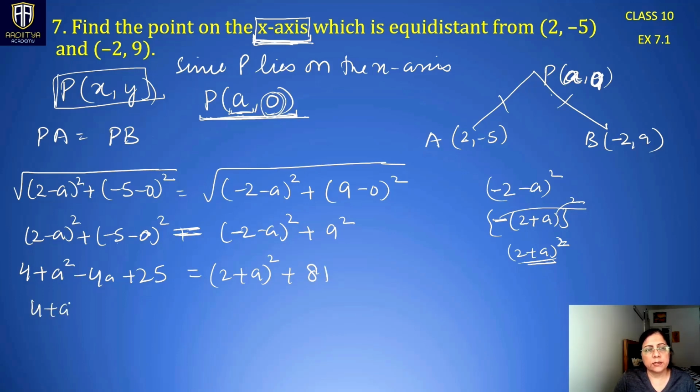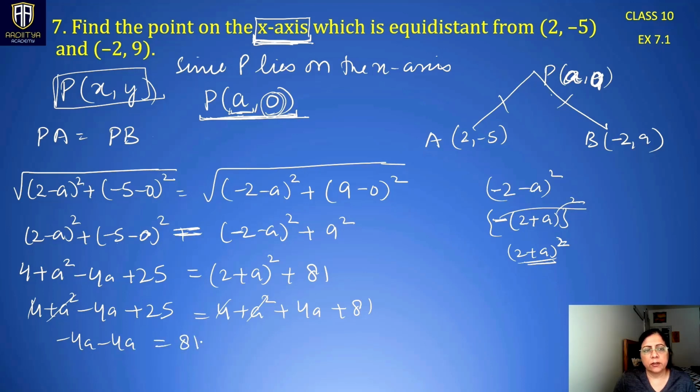This is 4 plus a square minus 4a added to 25. This becomes a square plus 4 plus 4a plus 81. A square and a square get reduced. This minus 4a, this 4a comes here, becomes negative, minus 8a.